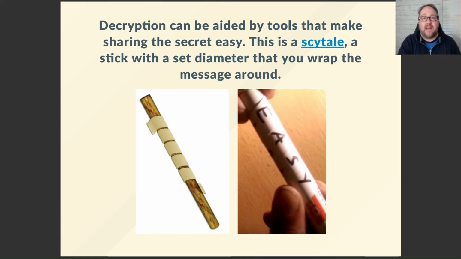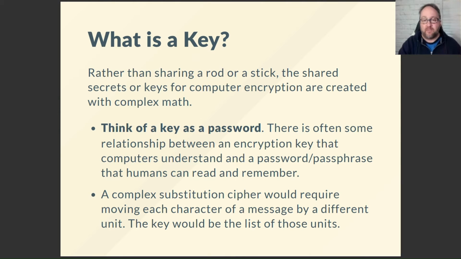And then you can have somebody just hold on to the rods, rather than saying it's just one or two letters forward. You then share the rod and wrap the message around it. So that gives us a basic idea of how symmetric encryption works. You have a secret. It can be moved forward or scrambled or done with some clever things.